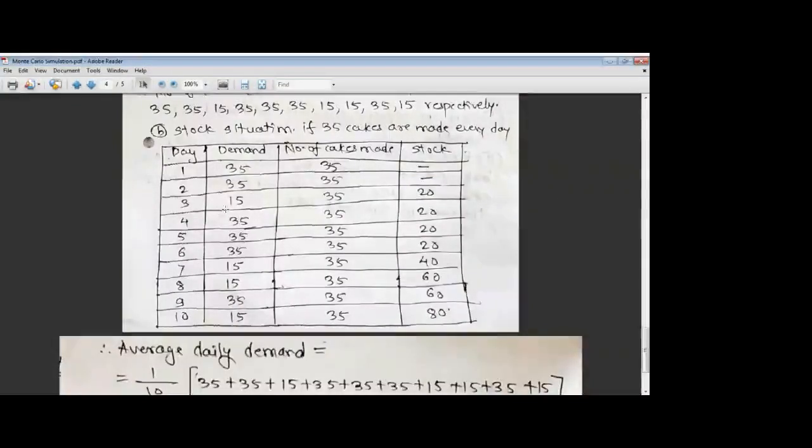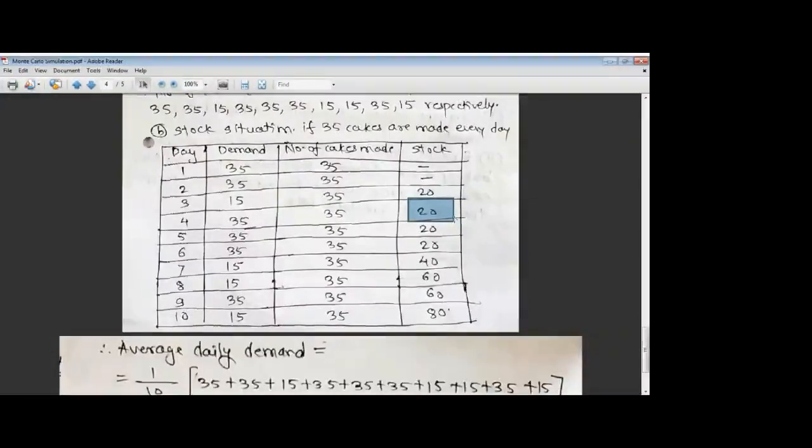Now on the fourth day, 35 cakes were ordered, and 35 cakes were made. So the demand and supply are matching. But previously the stock had 20 cakes. The same stock is carried forward, because we have been asked the stock situation for 10 days.